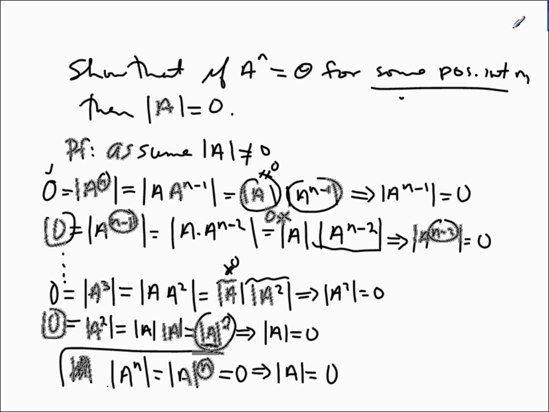But it would have been a lot of work, as much as we've done maybe, if not more, to prove this. But once you prove that the determinant of A to the nth power is equal to the determinant of A to the nth power, then it's this much to finish the proof.